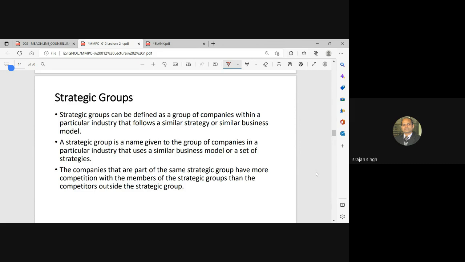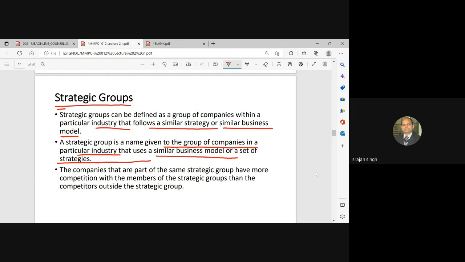Next is strategy groups. Next topic is strategy groups. Strategy groups can be defined as a group of companies within a particular industry that follow a similar strategy or similar business model. A strategy group is a name given to a group of companies in a particular industry that use a similar business model or set of strategies.